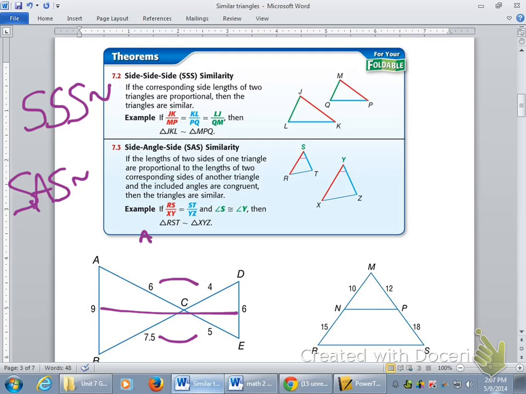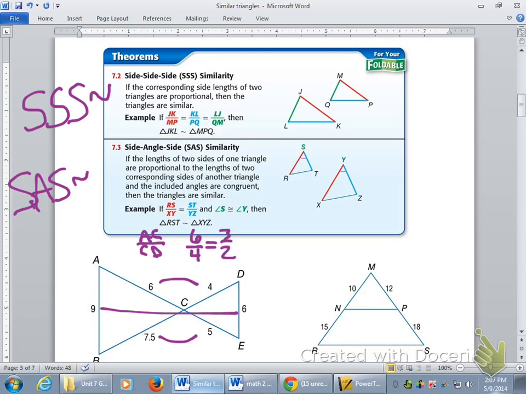What is the ratio of AC to CD? It'd be 6 to 4, right? Which reduces down to 3/2. All right. What about the ratio down here at the very bottom?